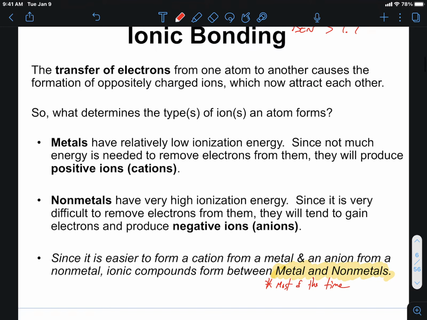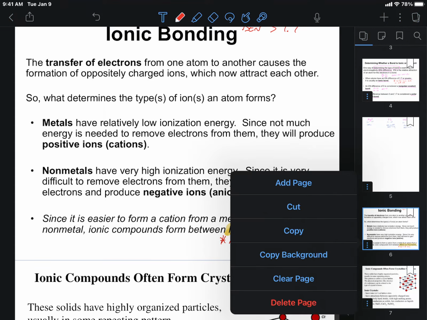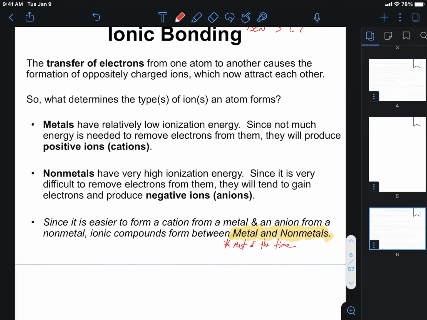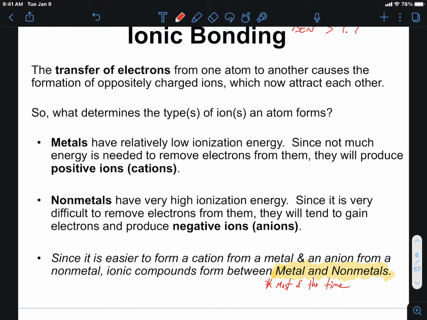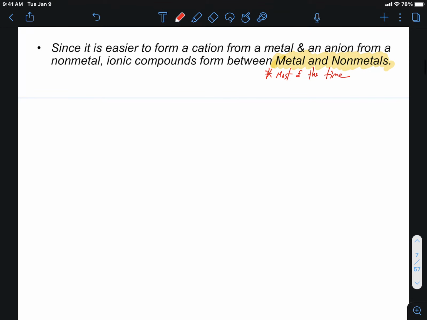So what exactly is happening? And I'm going to add another page in here just so I could draw a little bit. Here's what happens. Remember how we picked sodium and chlorine in our first example? We identified this as ionic because we said sodium was 0.9, chlorine was 3.0, the delta EN was 2.1.